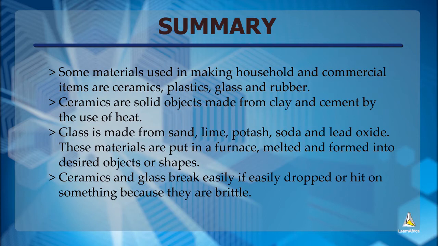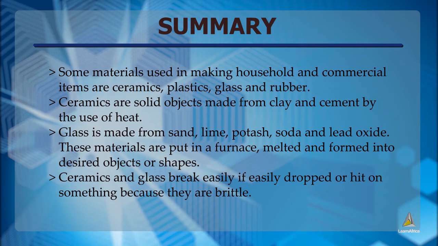We also learned that ceramics are solid objects made from clay and cement by the use of heat. We learned that glass is made from sand, lime, potash, soda, and lead oxide. These materials are put in a furnace, melted, and formed into desired objects or shapes.